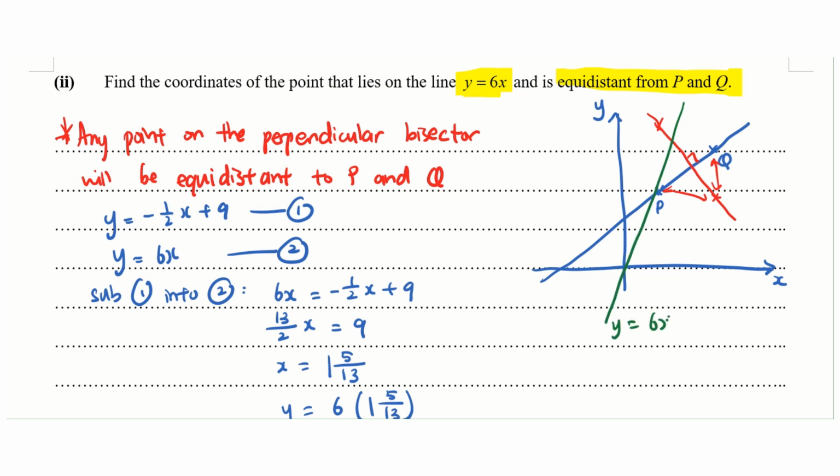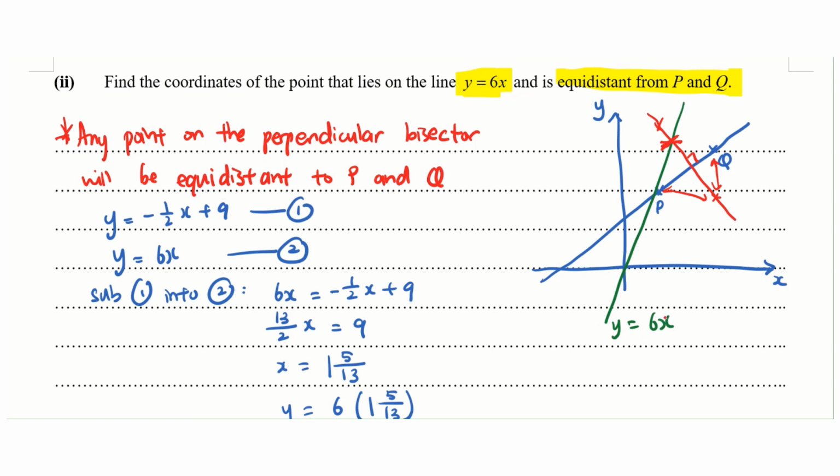To satisfy both conditions, we are looking at the intersection point. To arrive at this intersection point, I need to know the equation of the perpendicular bisector, because I already know the equation of this green colored line.